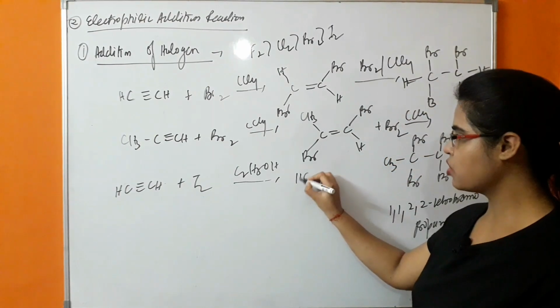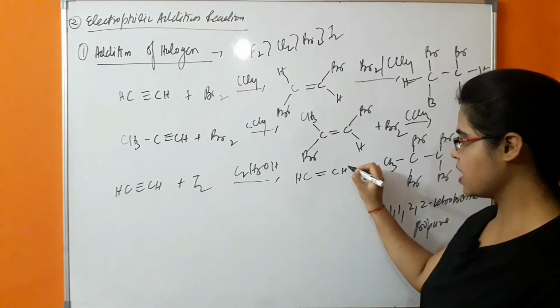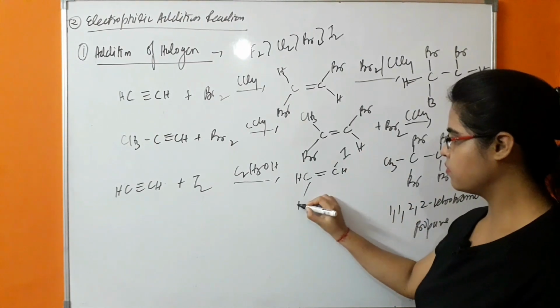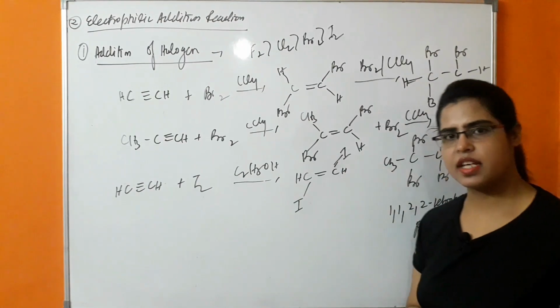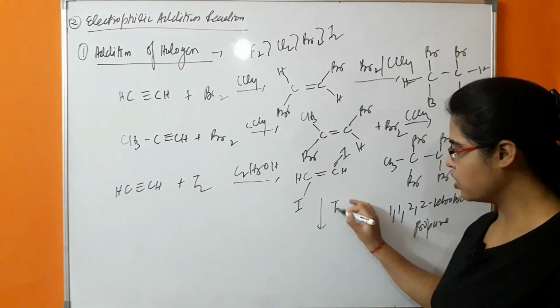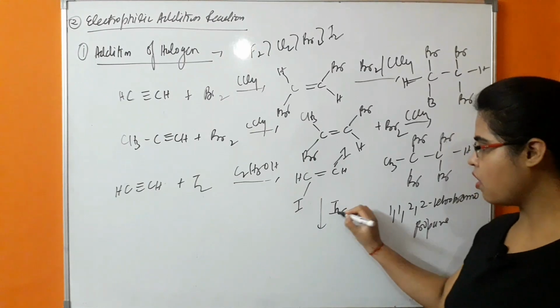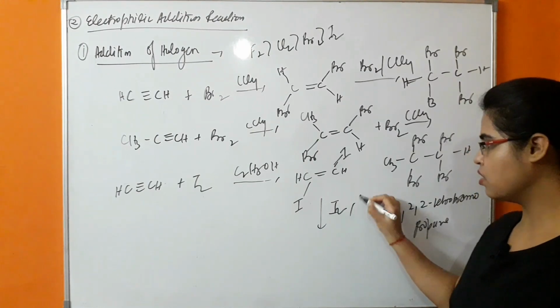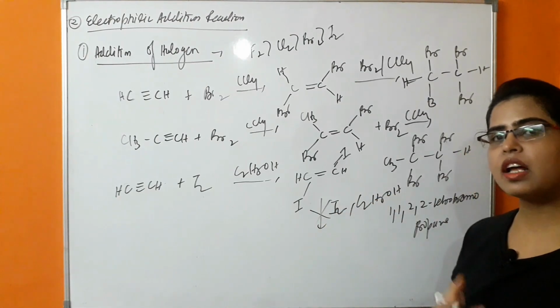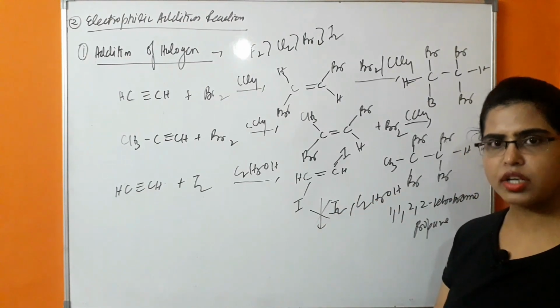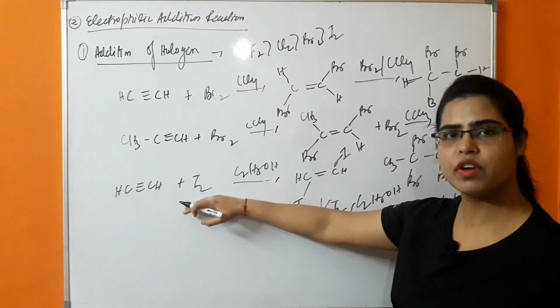There will be formation of trans product. Further, this trans product will not react with iodine in the presence of C2H5OH. It means tetrahalogenated product will not be obtained in the case of iodine.